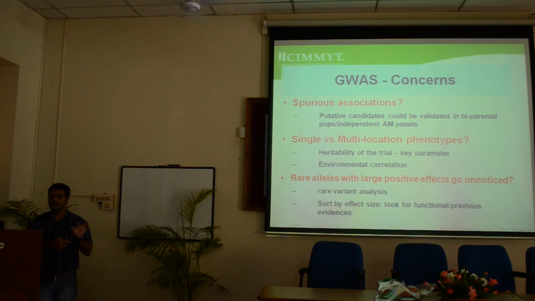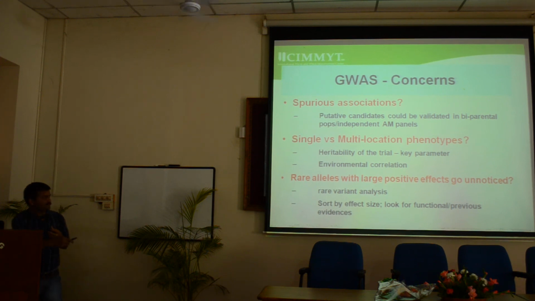Why? Because there is a big imbalance here. You have only 300 odd lines, but then the markers are 2 million markers, right? So by sheer coincidence, you can get some markers with a significant p-value. So they are not really associated with the trait. They are kind of artifacts, what we call false positives.